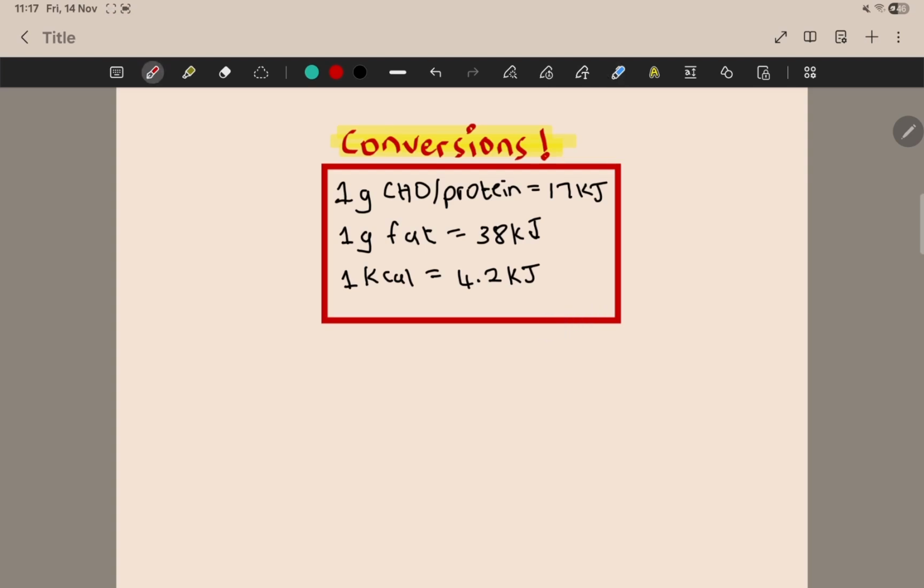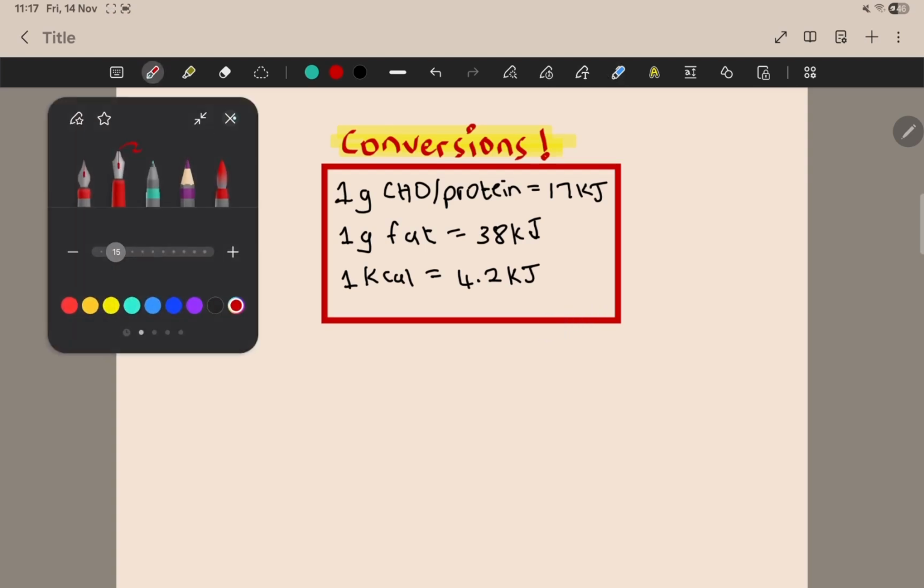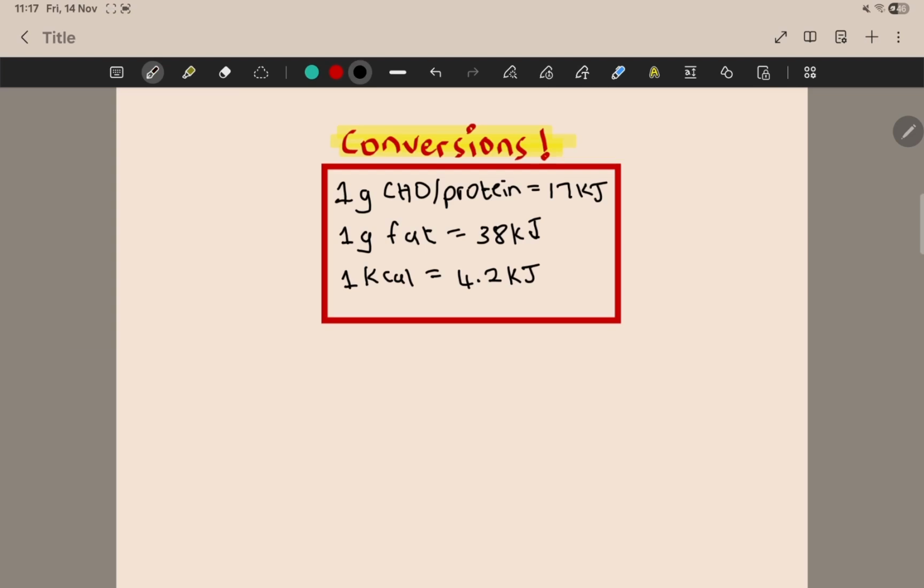So it's basic maths, I want to say, just to refresh your memory, and then we will go into calculating enteral feeds. So say for example you want to convert 20 grams of carbohydrates to kilojoules. So how do we do this?